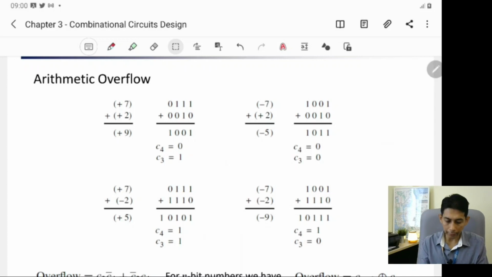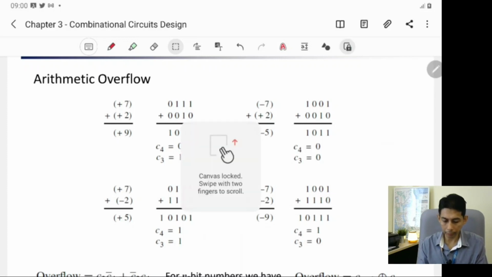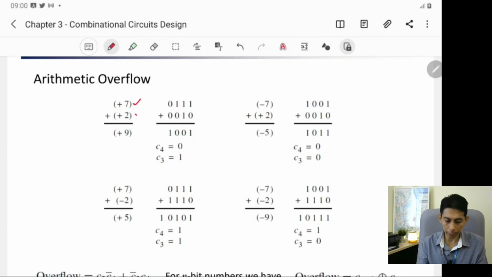Look at the first case, where we have positive 7 plus positive 2. The answer should be positive 9.